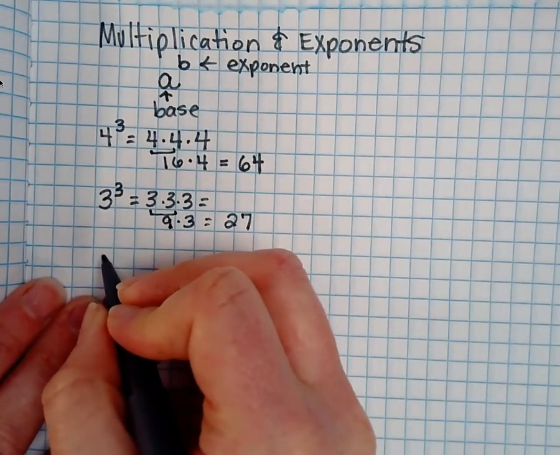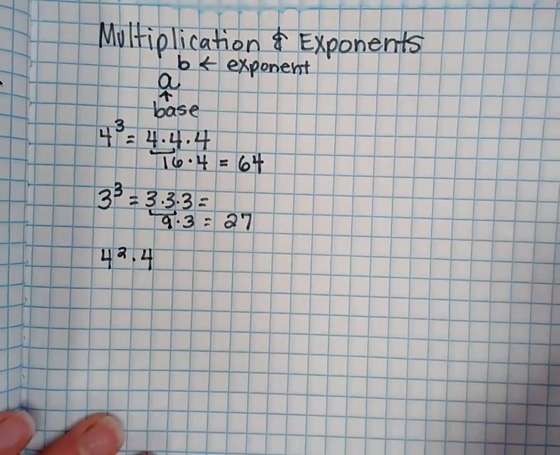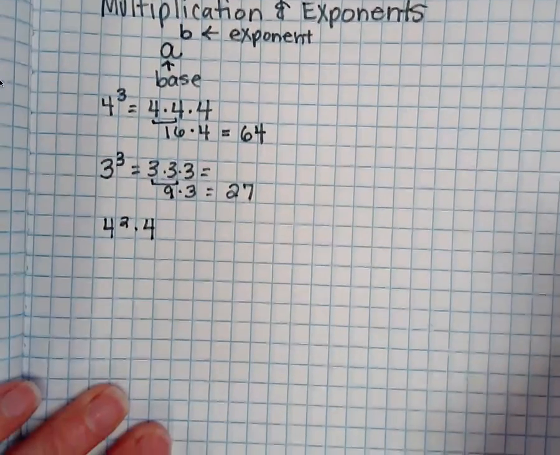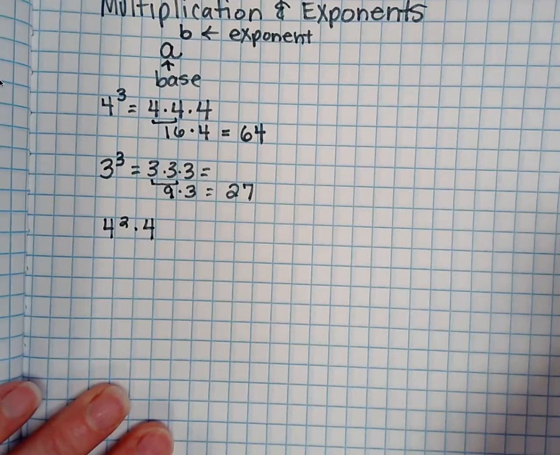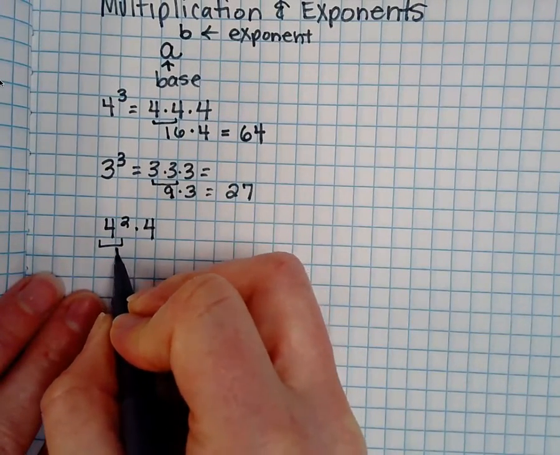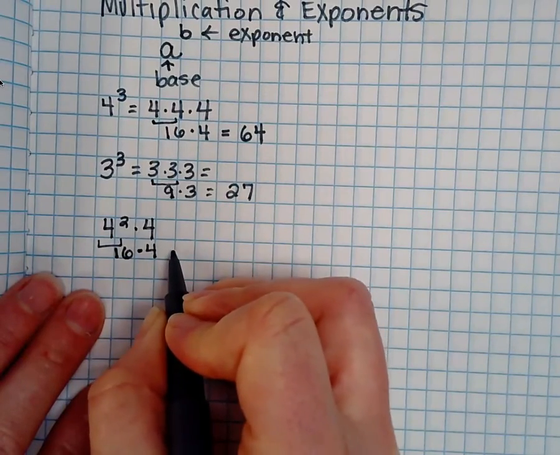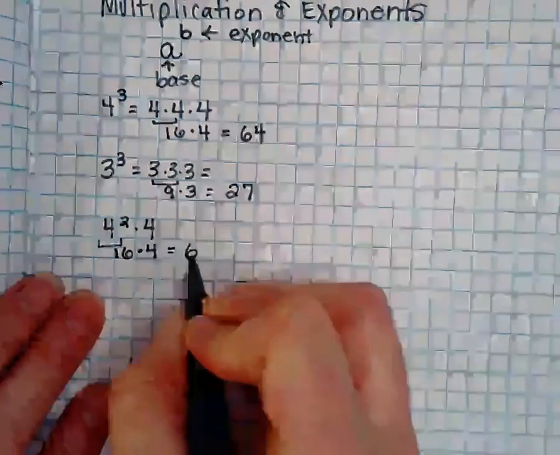Okay, what about 4 squared times 4? Yeah, you could solve the 4 squared first. What is that? 16. Times 4. Haven't we already done that? 64, right.